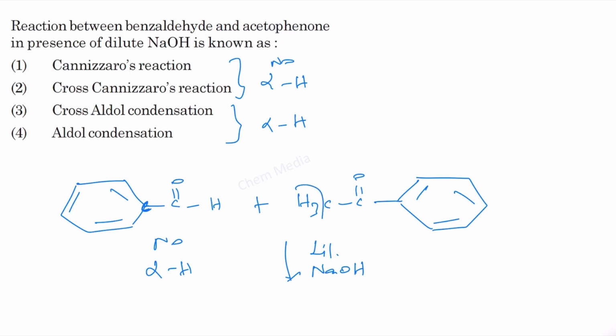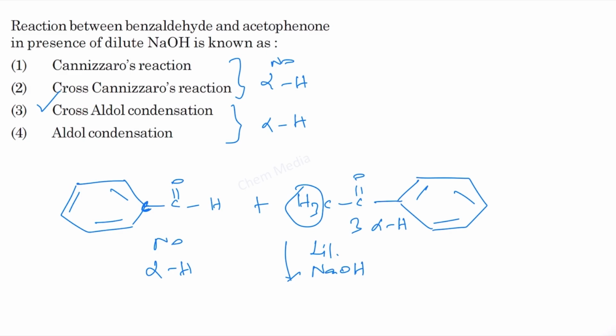But here we have 3 alpha hydrogen atoms, and therefore this is definitely an aldol condensation, and it is between a ketone and an aldehyde. Therefore we should call that crossed aldol condensation. That is the correct one.